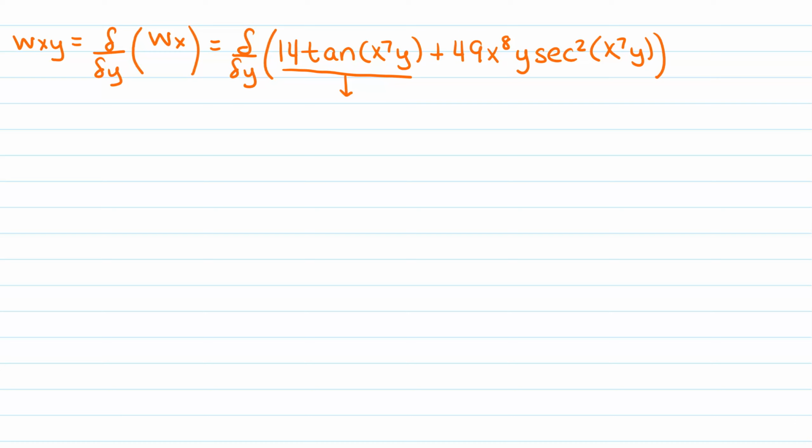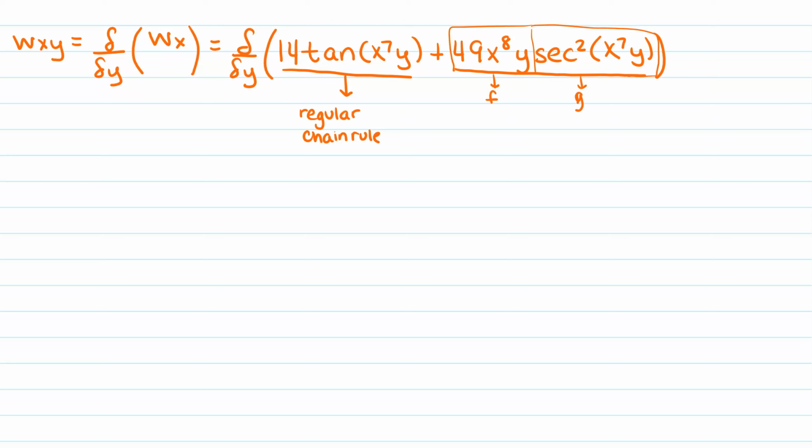But then this guy, so this is just kind of like regular chain rule. But then this second term, because the coefficient has a y in it, this is another product rule.